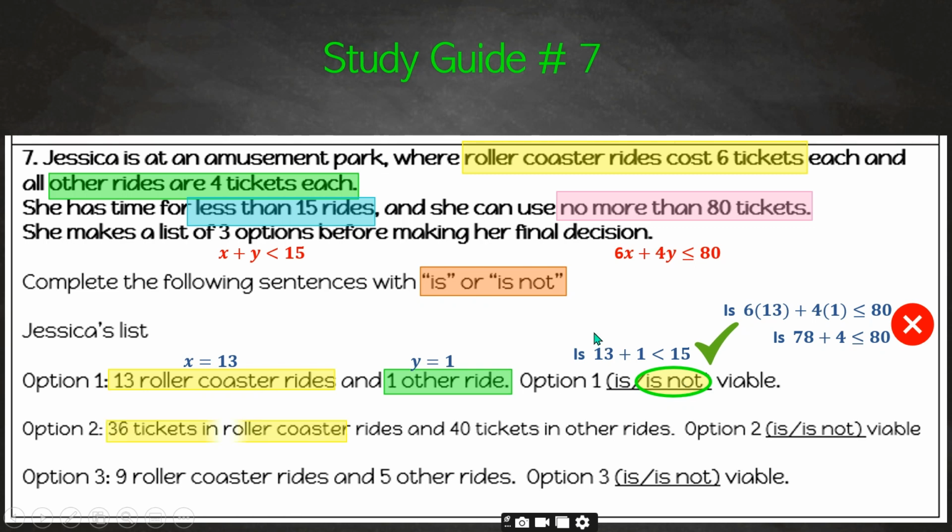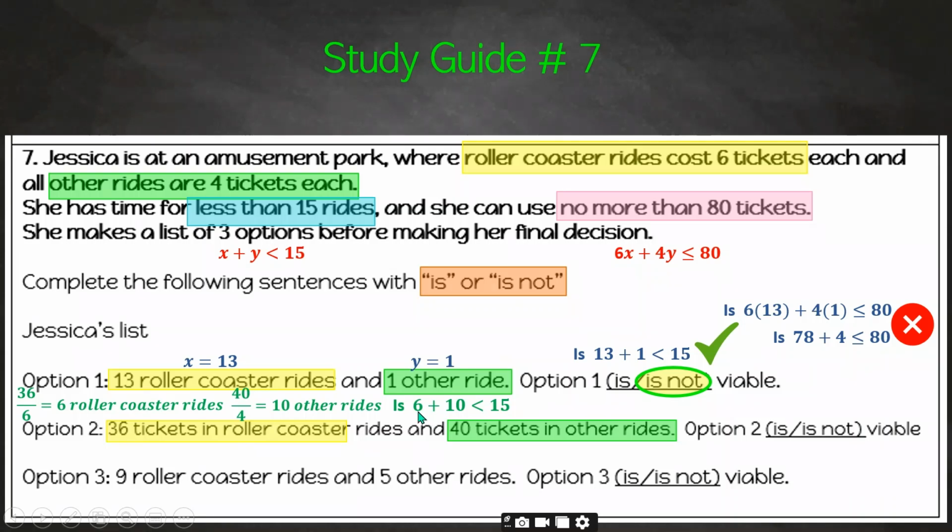In our next example, Jessica wants to spend 36 tickets on roller coaster rides and 40 tickets on other rides. Well, if she had 36 tickets on roller coaster rides, that would be 6 roller coaster rides. If she spent 40 tickets on other rides, 40 divided by 4 would be 10 other rides.